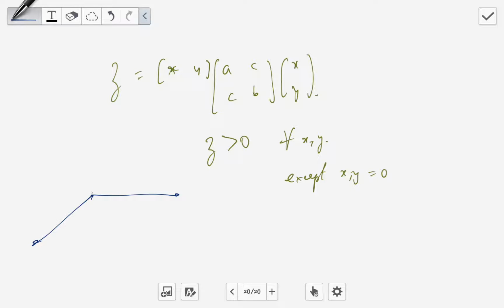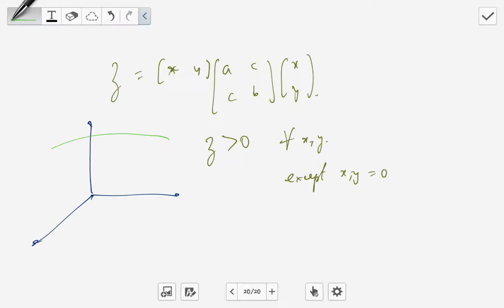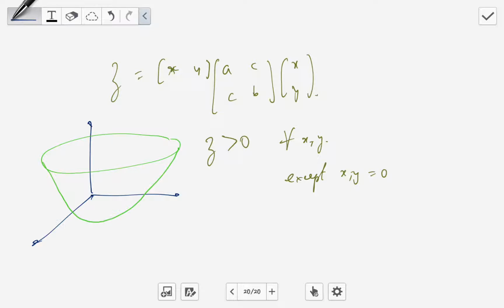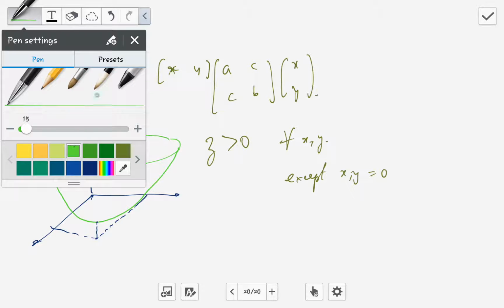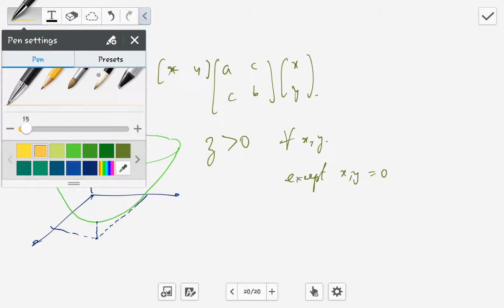If this was your xyz, if your function is somewhere here, where this is some positive quantity. Okay. This is one possible quadratic form.